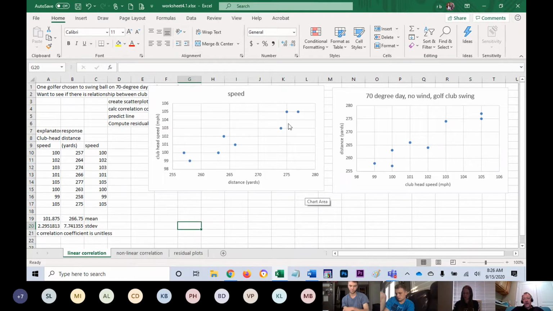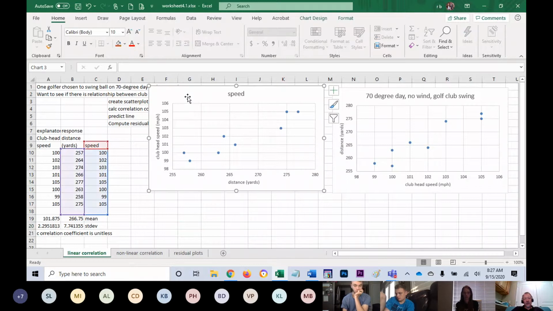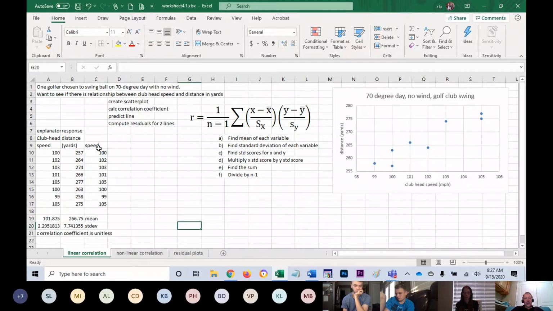I was hoping that this would have a different slope than this. So once again, in both cases, they're positively correlated. When you're calculating your correlation coefficient, it doesn't care, but you may see a different slope if you change your axes. So anyway, the way I drew it the first time was correct here, with your speed being the explanatory axis.